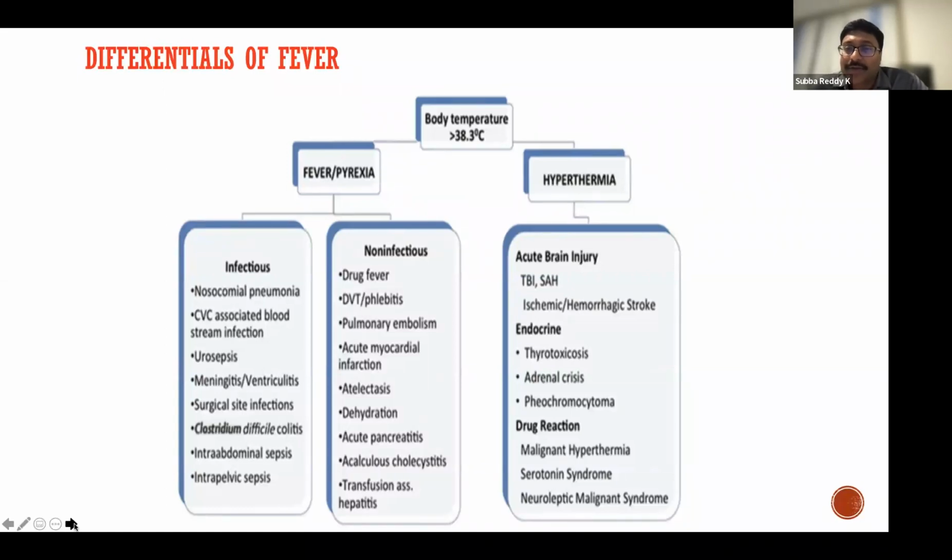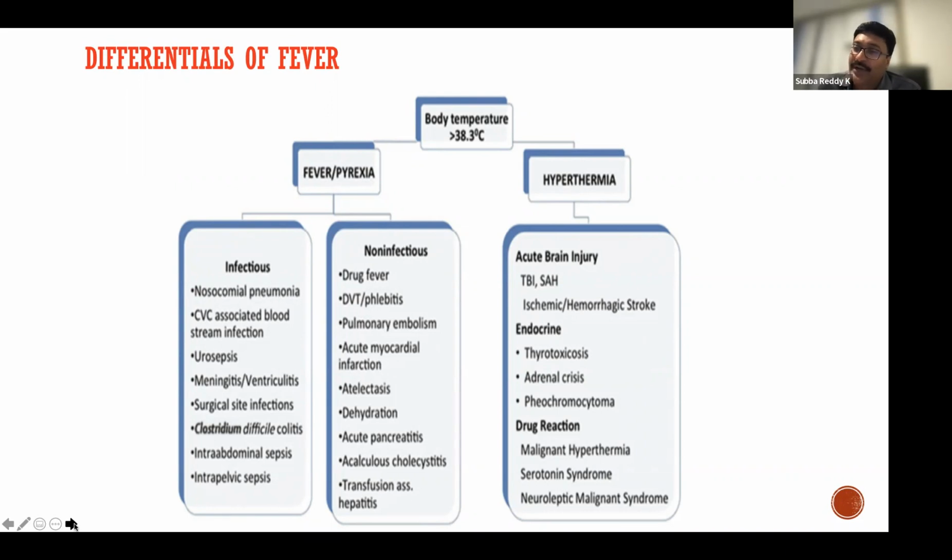Coming to hyperthermia, we call it hyperthermia when the temperature is more than 41 degrees centigrade, and mainly the causes are non-infectious: acute brain injury, traumatic brain injury, SAH, ischemic or hemorrhagic stroke, thyrotoxicosis, adrenal crisis, pheochromocytoma, and drug reactions like malignant hyperthermia, serotonin syndrome, and neuroleptic malignant syndrome.